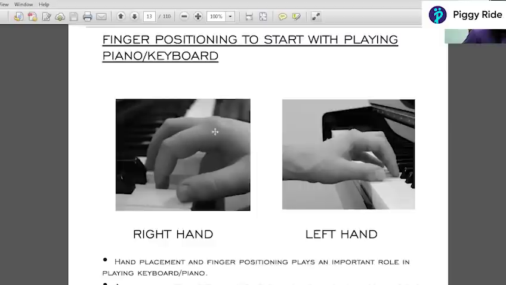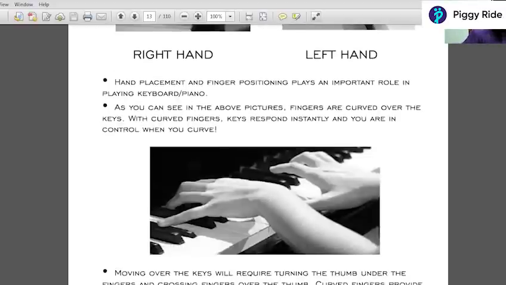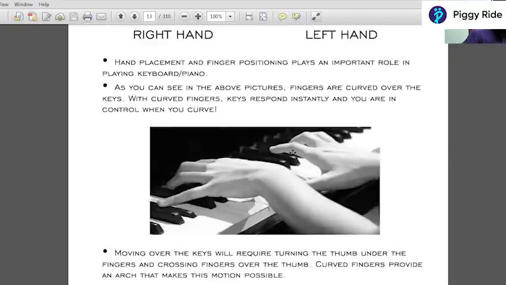This is the direction. You can't put it like this, this is wrong. Always like this, like a walking spider. Right hand and left hand, and most of the time your wrist area should be higher than the fingers, like this.